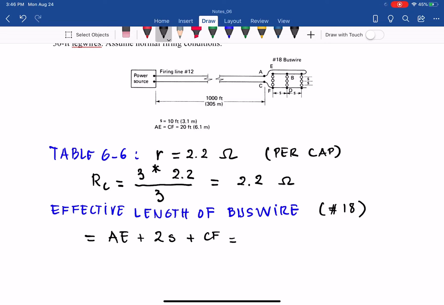The problem gives us AF equal to CF, 20 feet, so 2S equals 10 feet, so you have 4 times 10 plus CF 20, so we have 80 feet. And then we go to table 6-7.